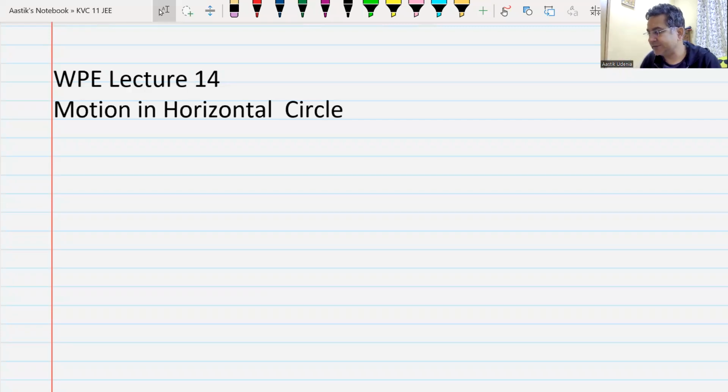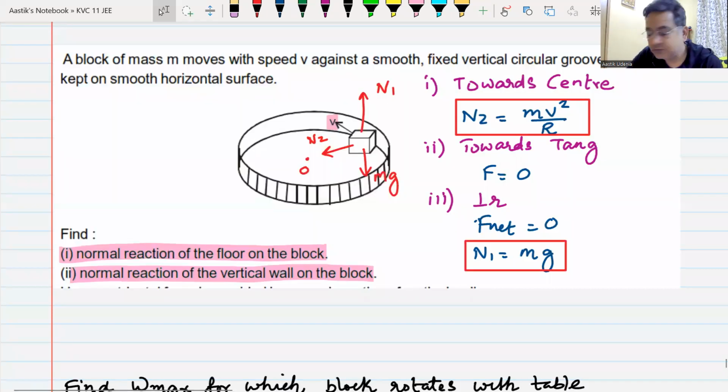This is lecture number 14, work, power, and energy, and we were dealing with motion in horizontal circle. In the last class, we had seen how we can make equations in different cases of horizontal circle.